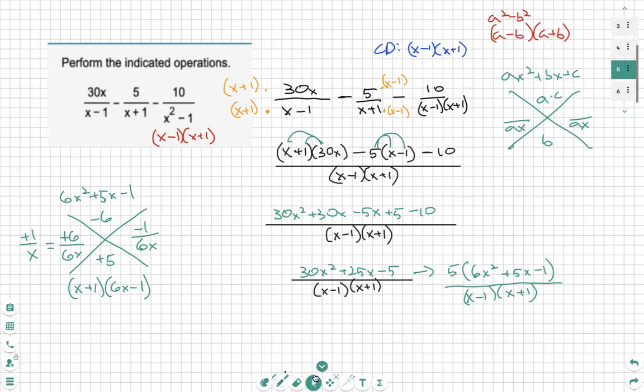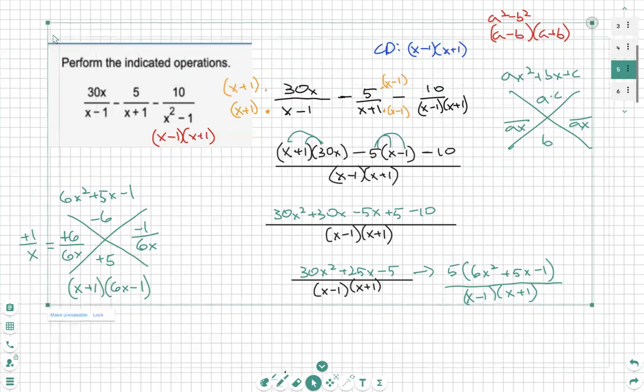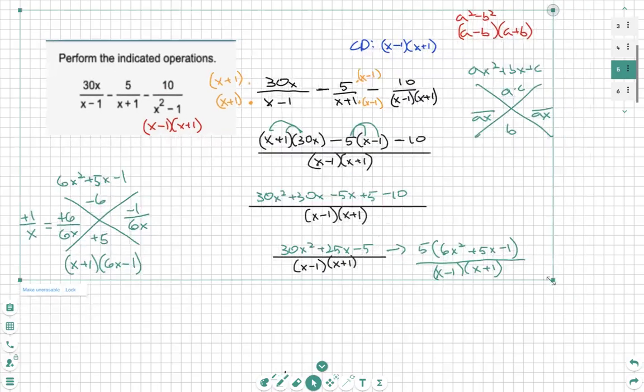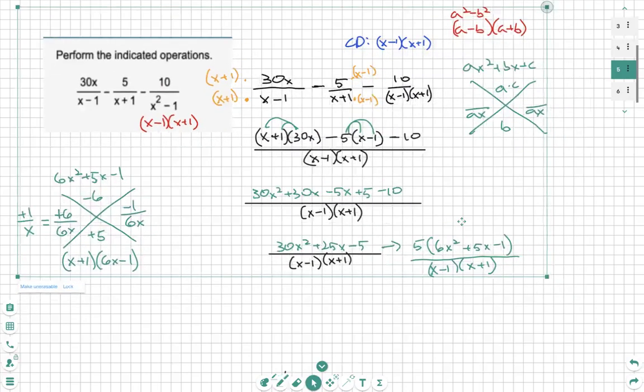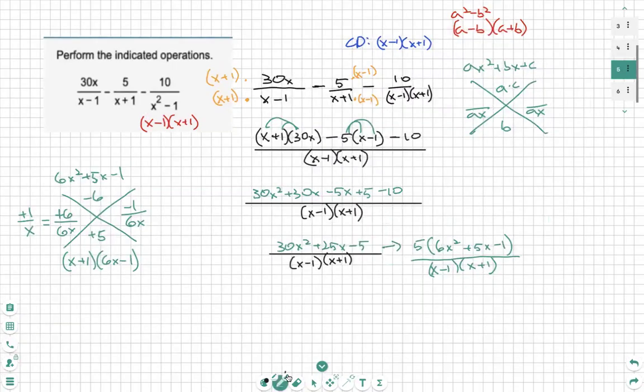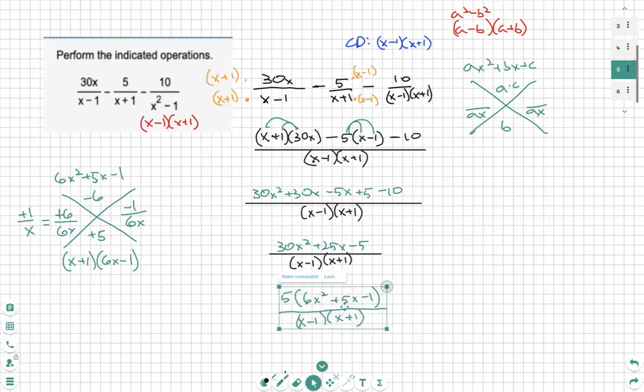So now what we're going to do is continue the problem. So first, let's clean this up a tad by making it a bit smaller. And then let's continue. So I'm going to just rewrite this over here as well.